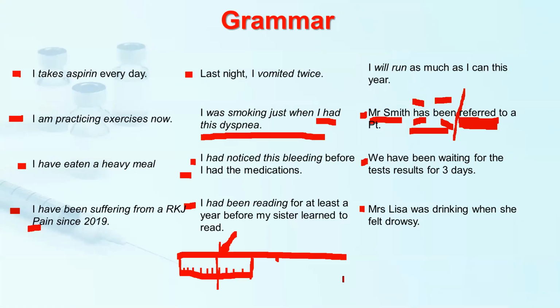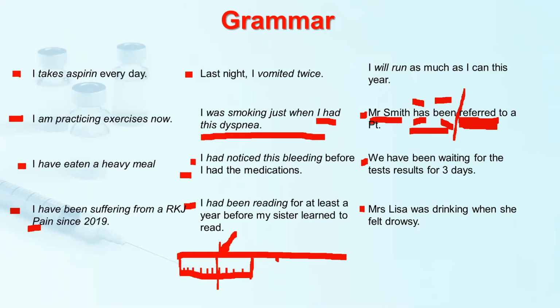The last one. We have been waiting for the test results for 3 days. Present perfect continuous tense. It means that the action started in the past and still continues until now, and continued for a period of time. This action started 3 days ago, but is still ongoing.